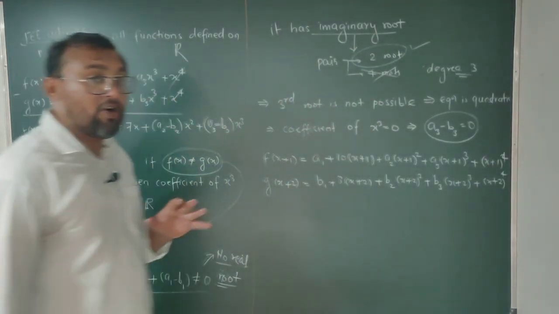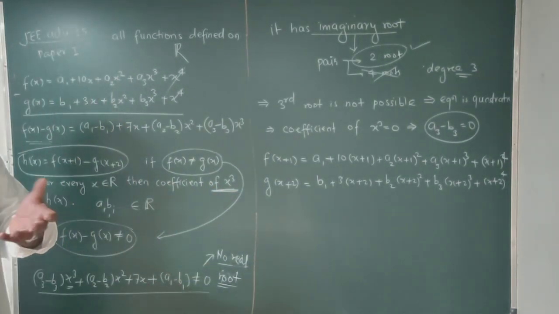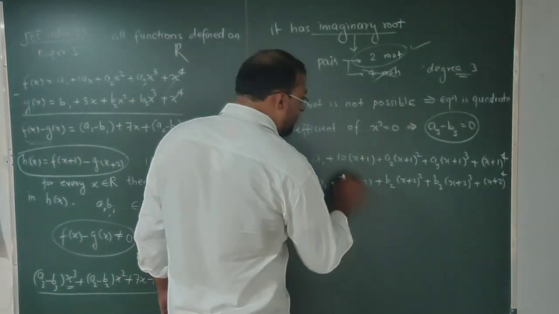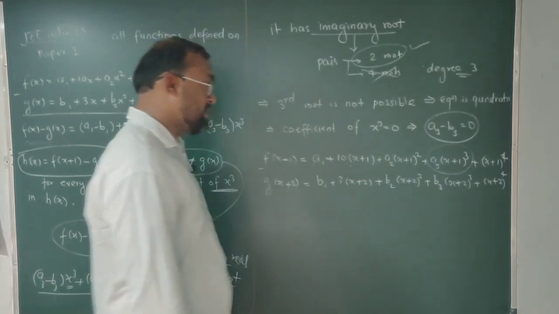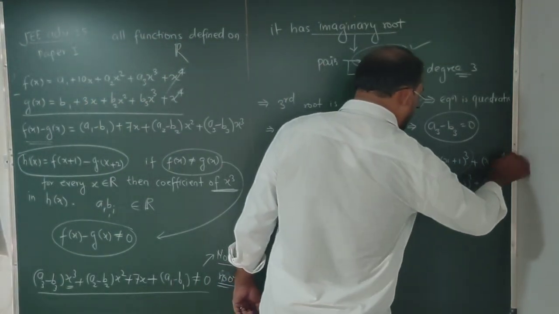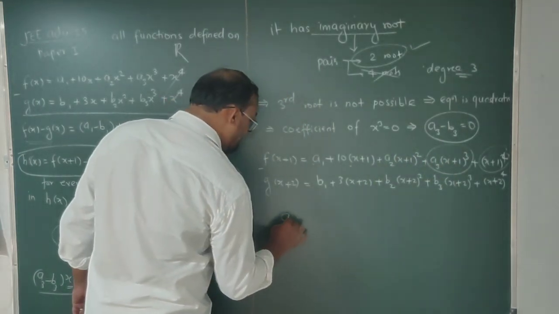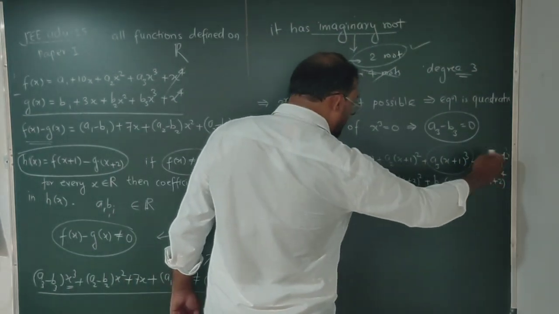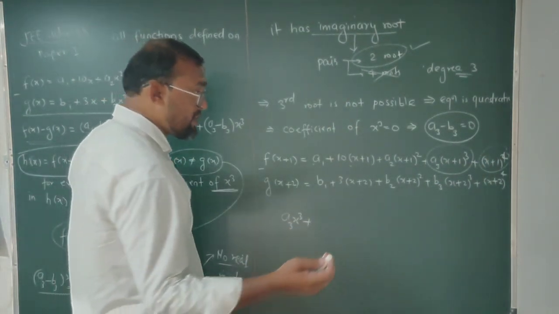Now remember what we have been asked here: only the coefficient of x cube. So we need the terms of x cube only. We don't need the whole thing. So where is x cube? Here no x cube, highest power is square. So only here is x cube possible, and also in this expression. When we expand, this becomes a3 into x cube plus, and now we can use the binomial coefficient.